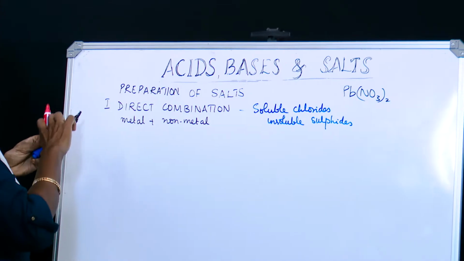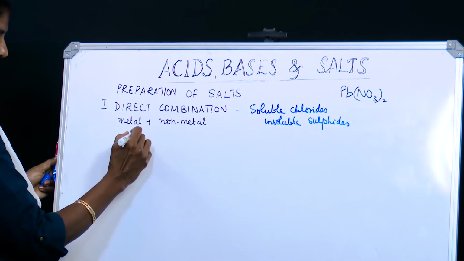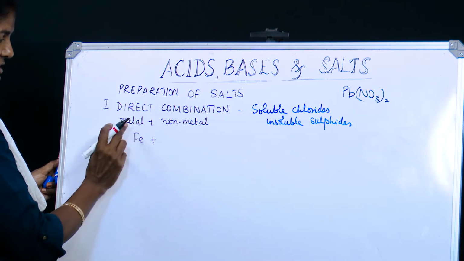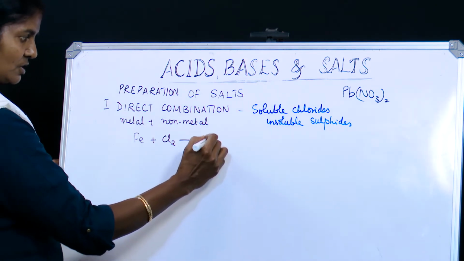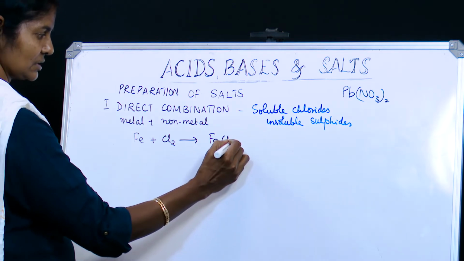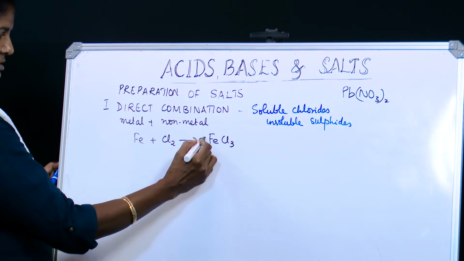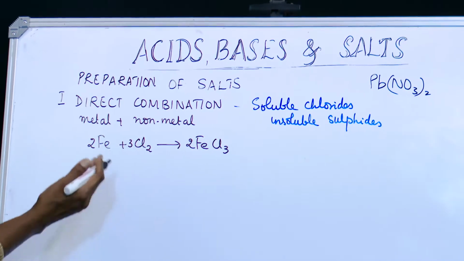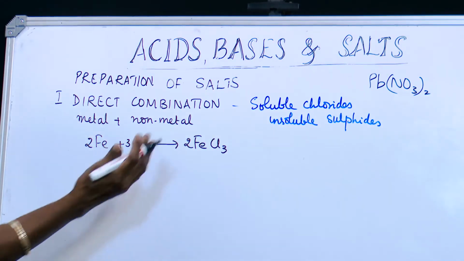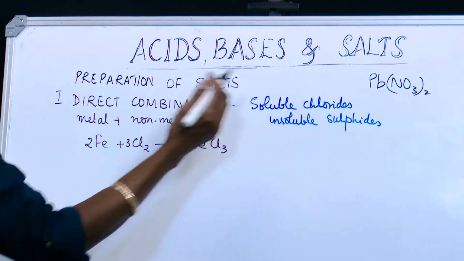For example, if we take iron, a metal that reacts with chlorine to give iron(III) chloride, 2 Fe plus 3 Cl2. This is a direct combination. This is a soluble chloride.